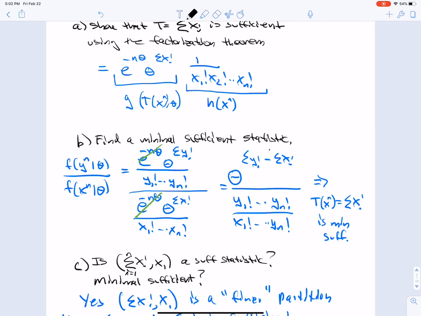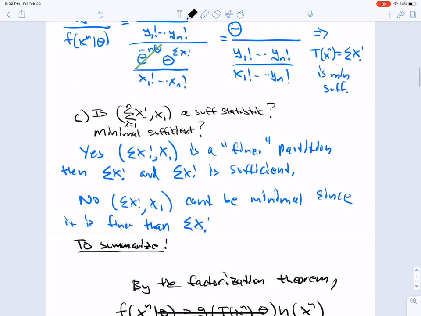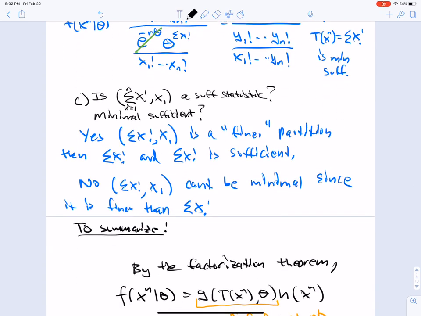So equivalence under t of x1 to xn and y1 to yn would be equivalent to this ratio not depending on theta. Furthermore, we can see that the sum of xi plus x1 is a sufficient statistic. We know that the sum of xi is sufficient, and just adding another component to that will just make a finer partition.